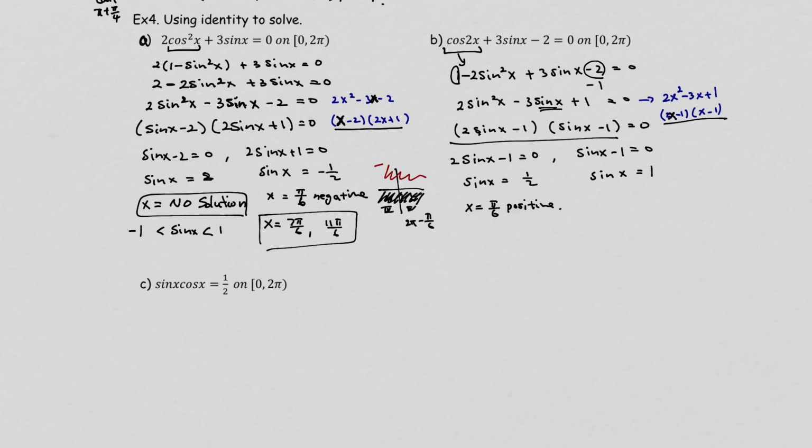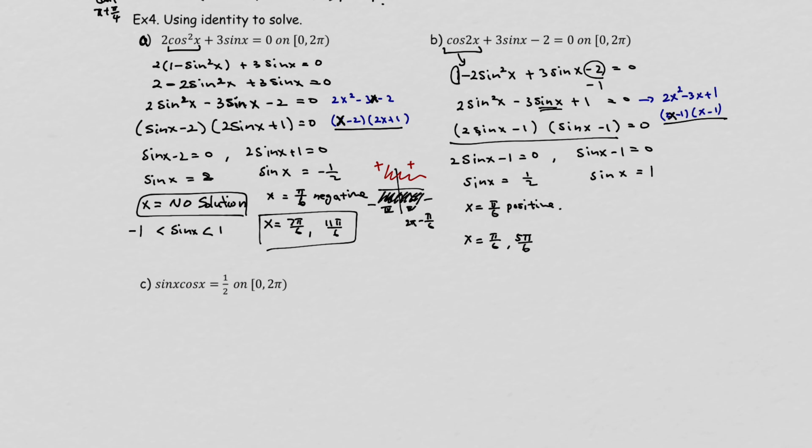This is sine positive, and this is sine negative. So it will be the second quadrant and first quadrant. First quadrant means just pi over 6. Second quadrant is going to be pi minus pi over 6, so it will be 5 pi over 6.